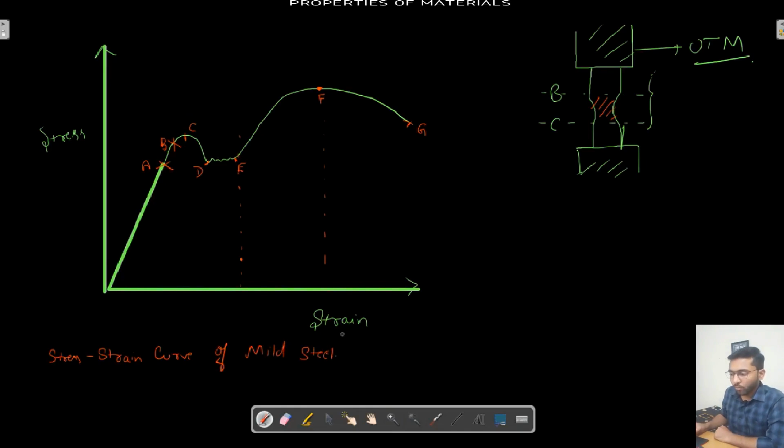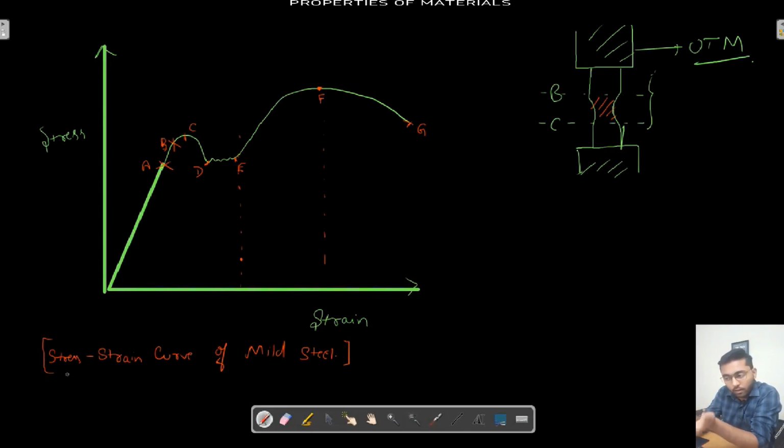One very popular question comes in various competitive exams regarding this: why do we always prefer mild steel in order to plot this stress strain diagram? The answer is that in mild steel we can witness the maximum number of points which we have to study. If we use another type of steel, like HYSD steel, or aluminium or any other material, all of these points A, B, C, D, E, F, G are not visible.